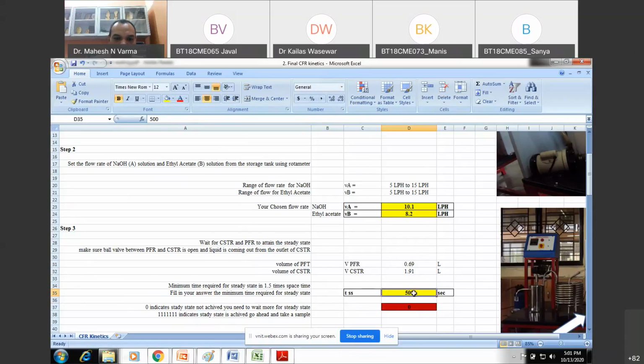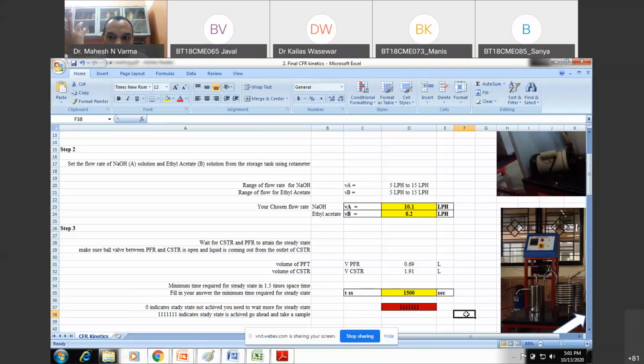You need to wait for a time greater than that. If I say 900 seconds, now this is giving 1111, it indicates steady state is achieved. If you wait for 900 seconds, it is okay. Even if you wait for say 1500 seconds, it's fine. It doesn't matter. It should be greater than the time required for steady state.